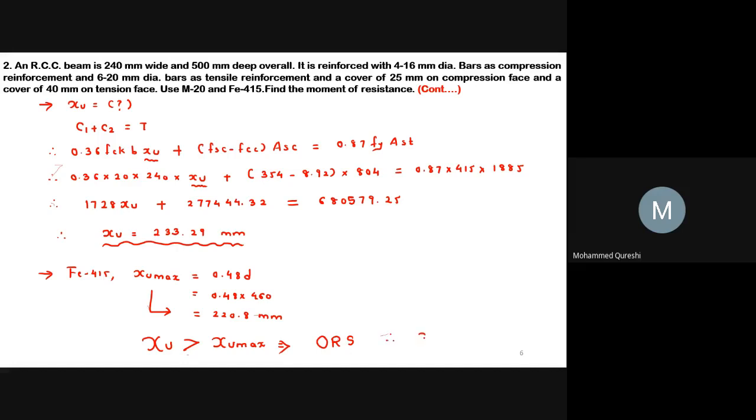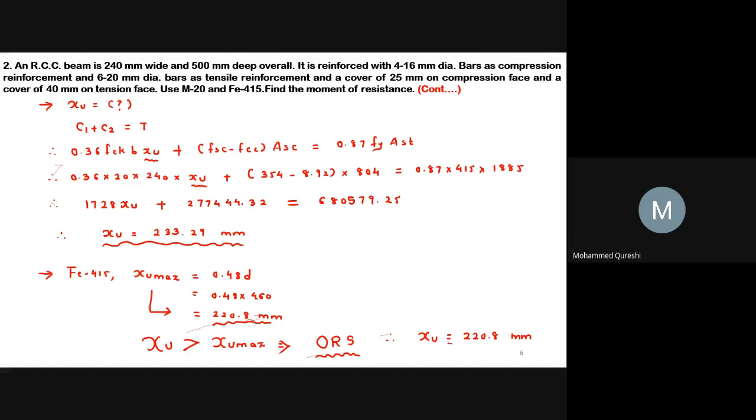Hence xu equals 220.8 mm. As we discussed in the previous lecture also, whenever the section becomes over reinforced, we have to choose the minimum value from xu or xu max, and here the minimum value is 220.8 mm.